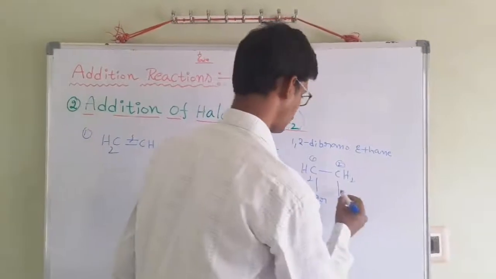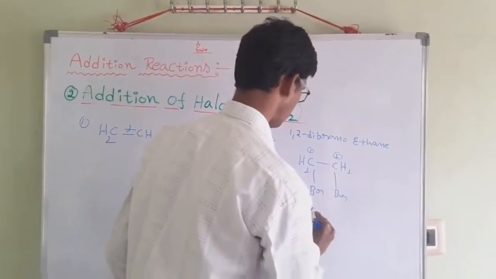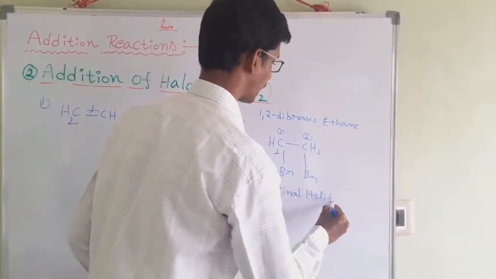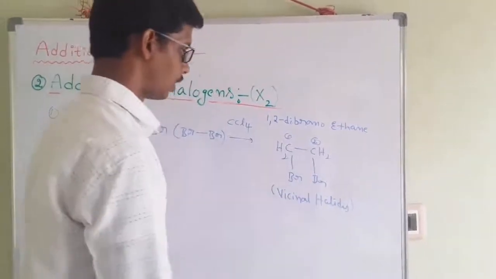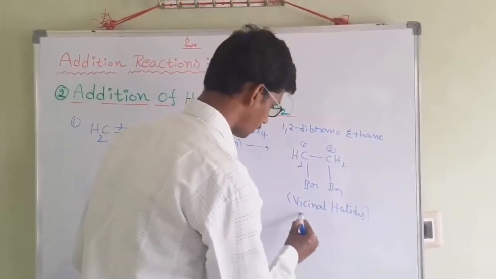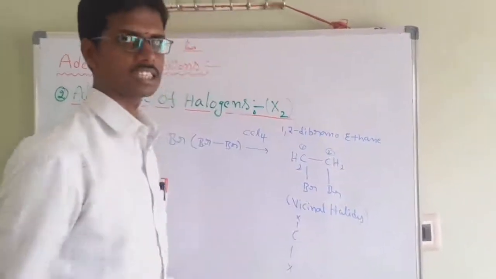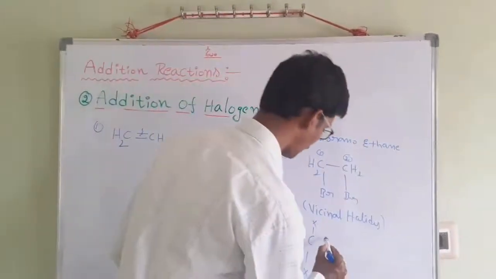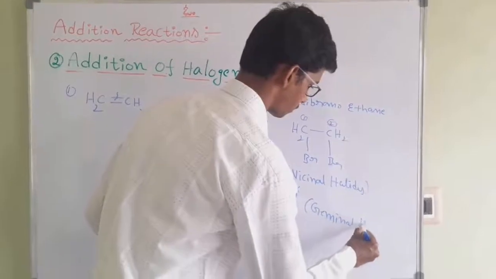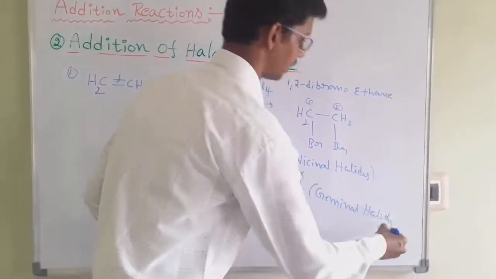Okay, the common name of these halides is vicinal halides. Suppose for example, 2 halogens are added to the 1 carbon. This type is called as geminal dihalides or geminal halides. This is called as geminal halides.